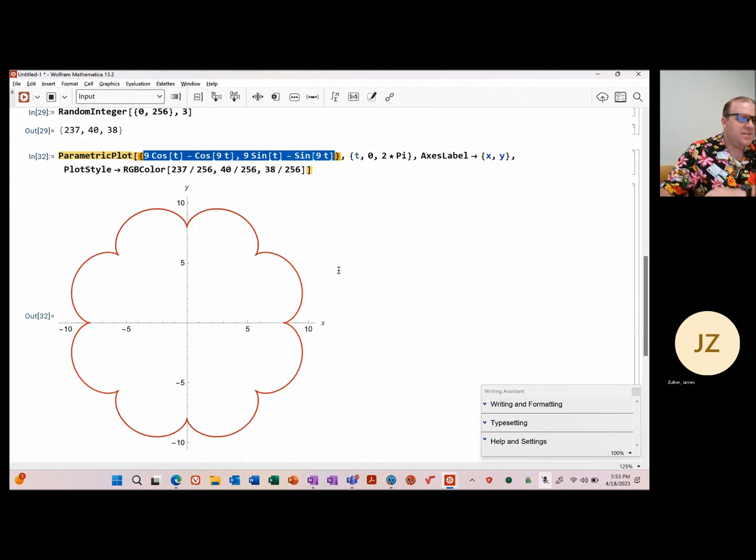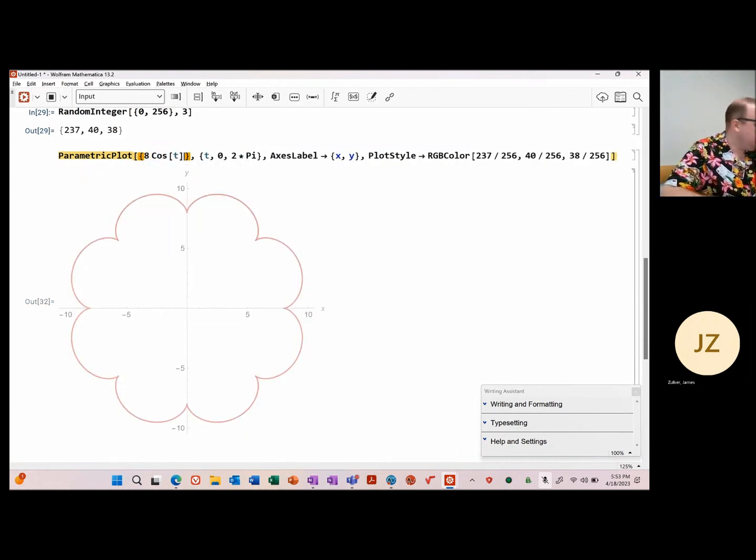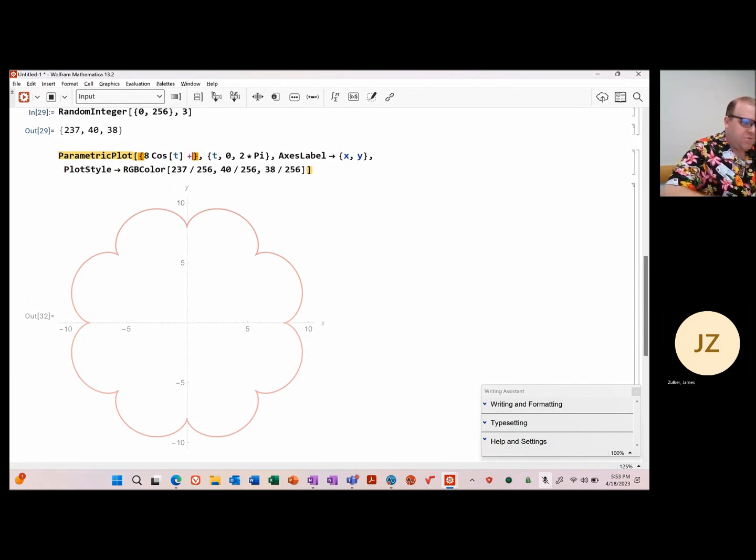Now for a weird one. Of course, all of the cool shapes involve trig.